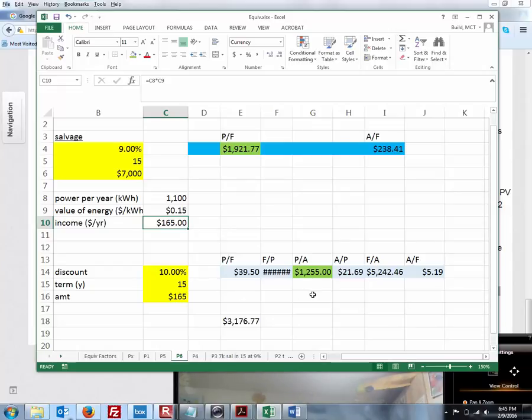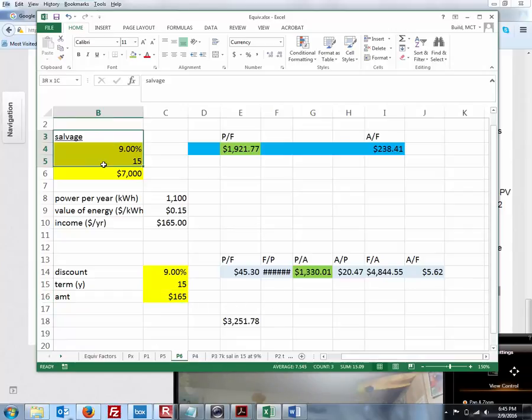And we want to know what's that worth right now. Well, 9%. Whoops. 9%. Okay, that changed it a little bit, but I had 10 in there instead of 9. So 9%, 15 years. This is how much we make each year.